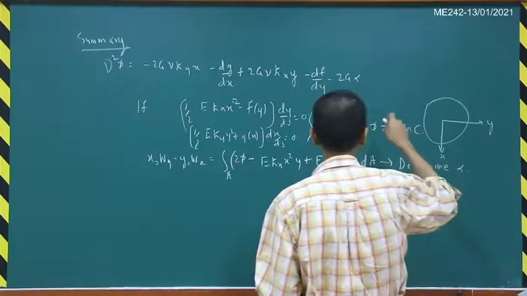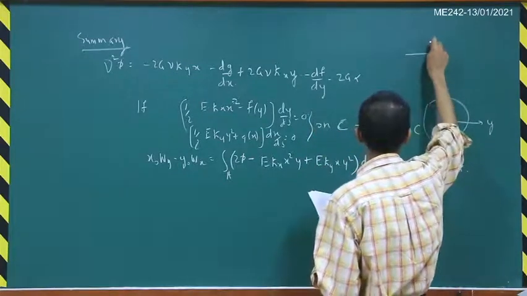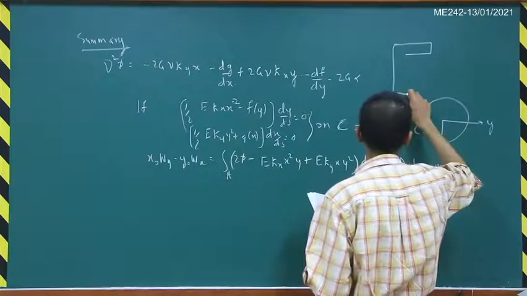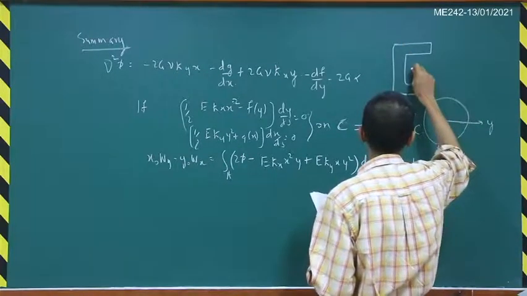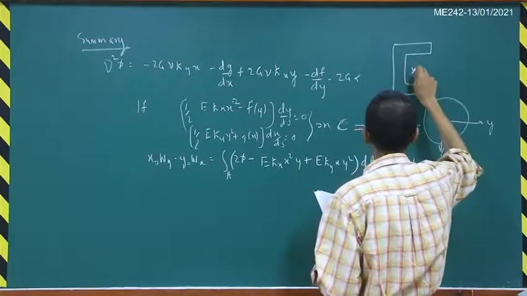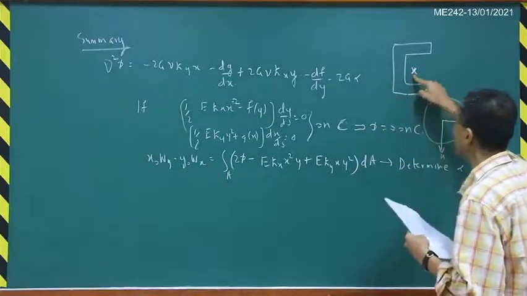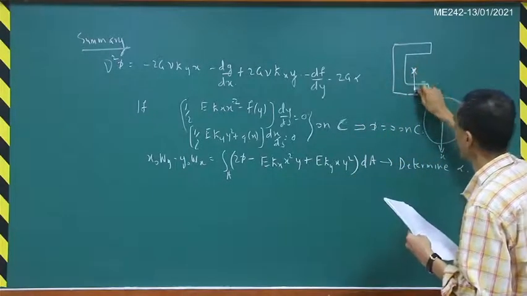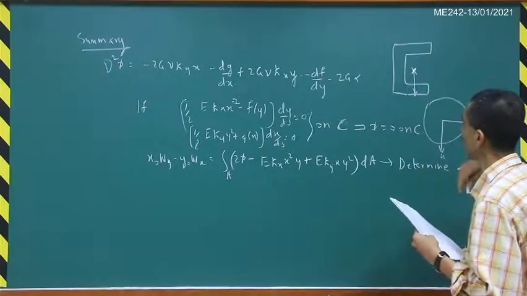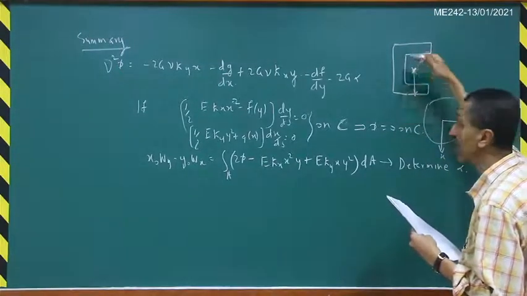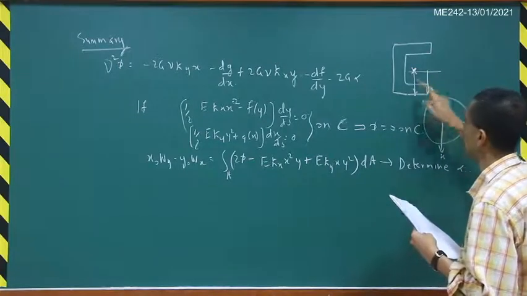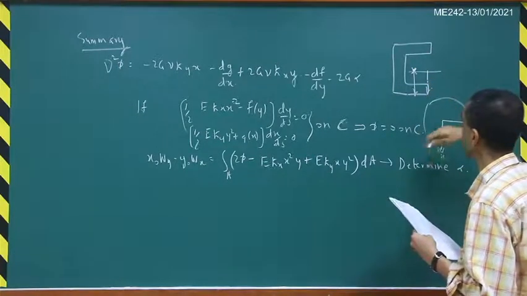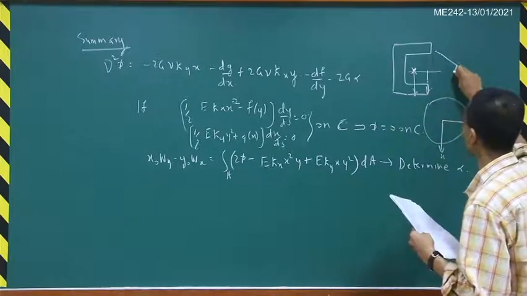So I gave an example, right? Suppose you have a C type cross section like this. There is a certain point known as the shear center or center of flexure. If you apply the load through that particular point, then it will simply bend. But if you now apply the load at a certain offset from this shear center, then there is twisting of the cross section, like this.